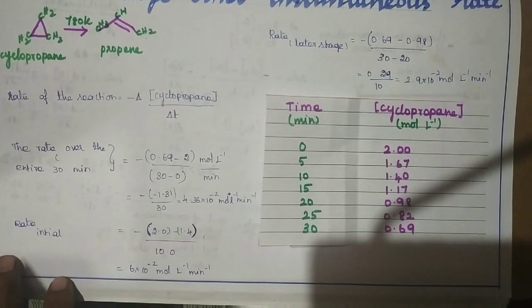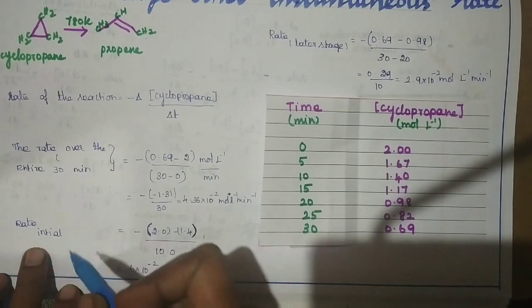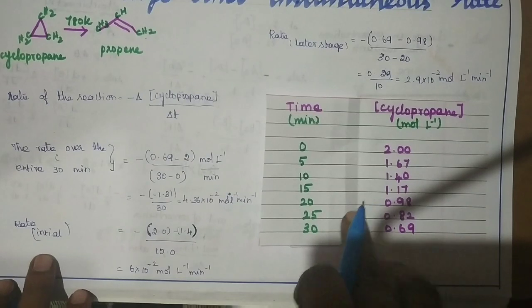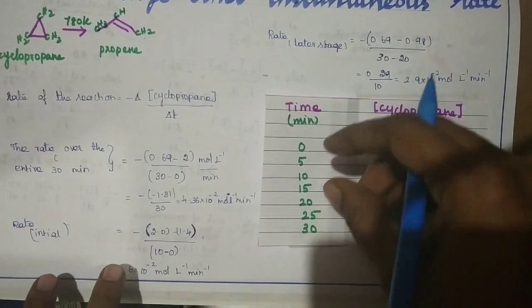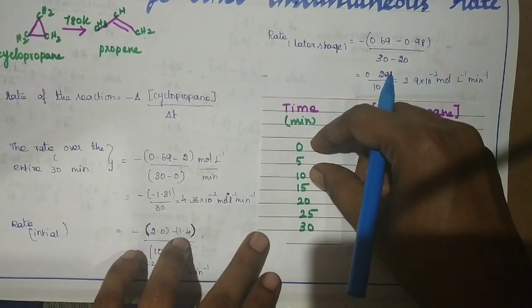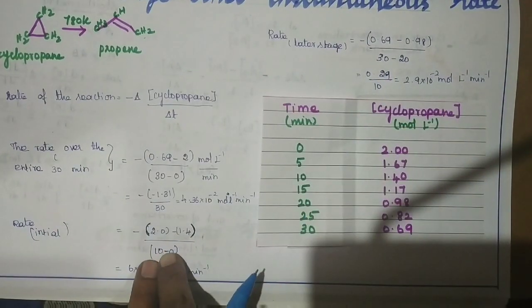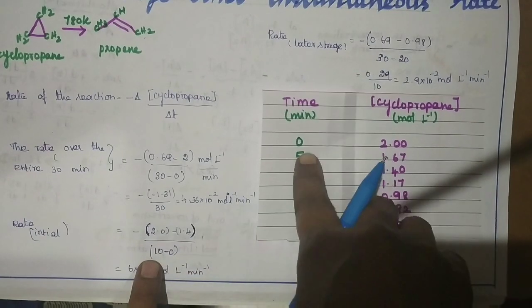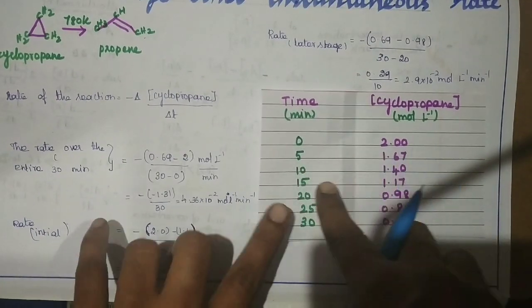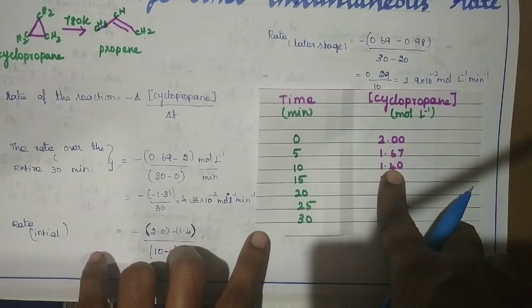Okay, then the rate of the initial stage. Here we have to take 0 to 10 minutes. So the change in time is 0 to 10, therefore 10 minus 0. Then the concentration.